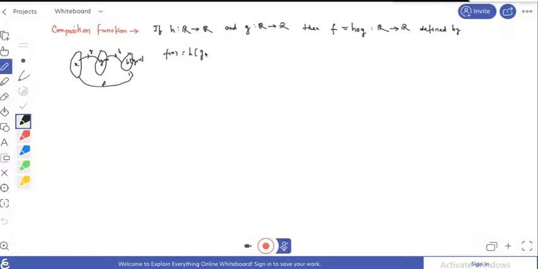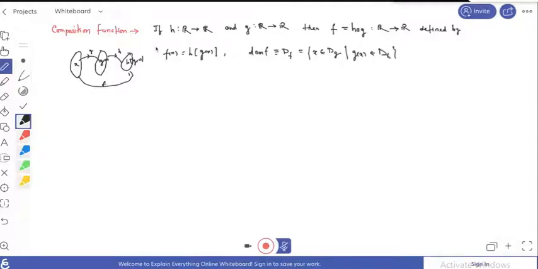What is the domain of this function? The domain of f, or simply D(f), is the collection of all x that belong to the domain of g, such that g(x) belongs to the domain of h. Okay, so this is your domain of f.